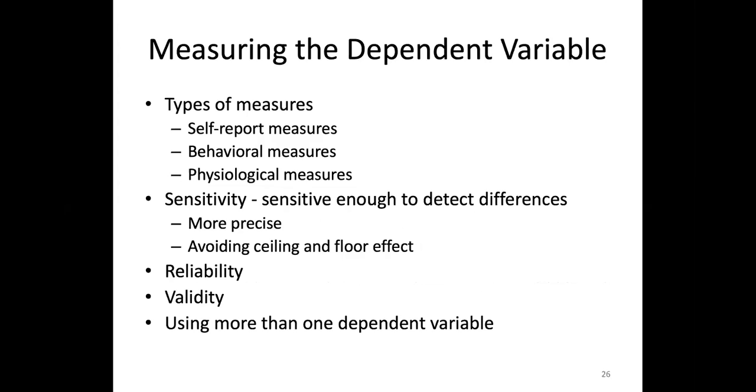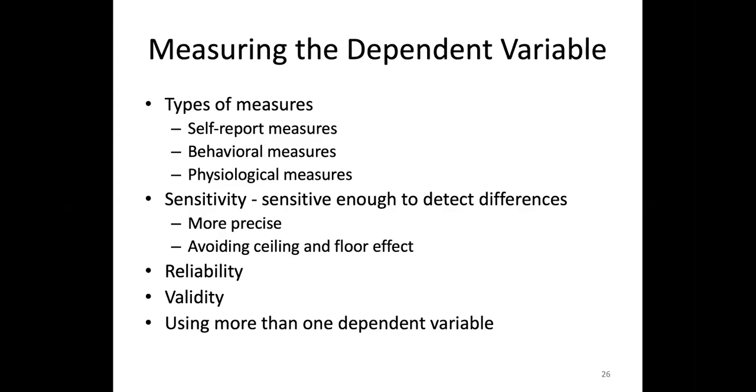And then this topic about how we measure the dependent variable should also be decided when you are planning a study. You remember that you should decide between 3 different types of measures. You should decide if you are going to use a self-report measure, a behavioral measure, or a physiological measure.